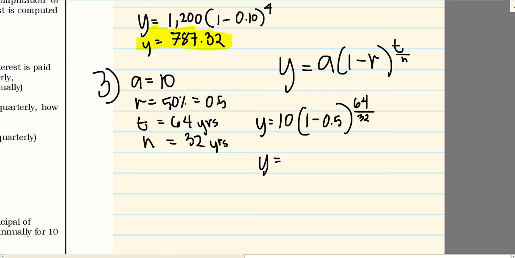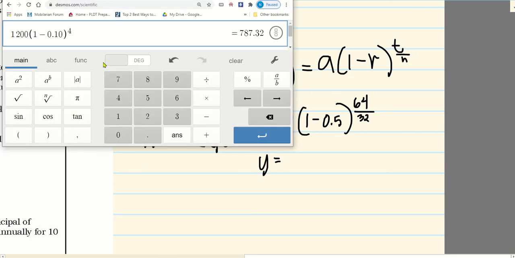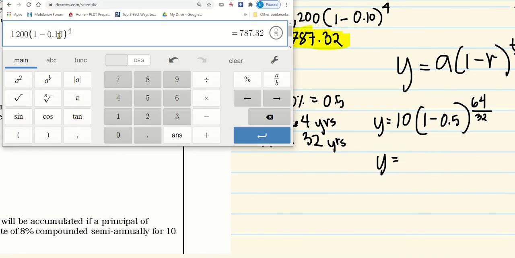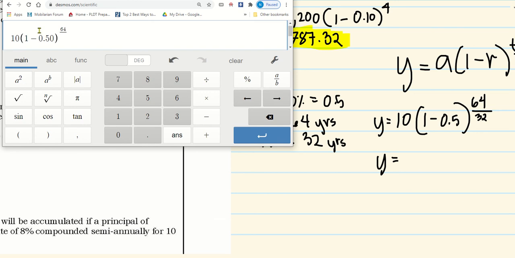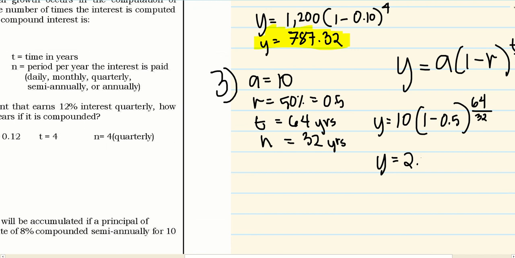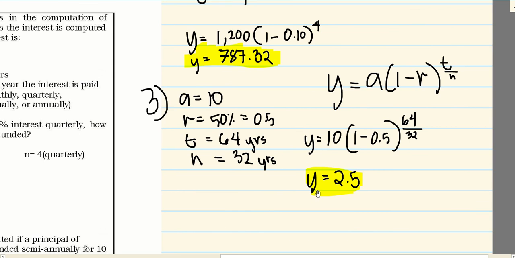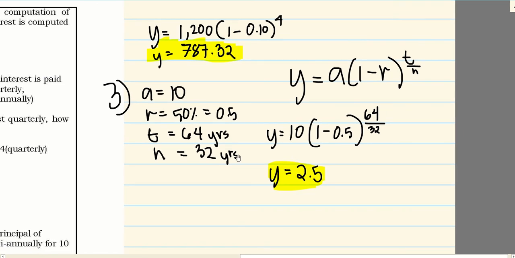Then we solve it using our scientific calculator: 10 times (1 minus 0.5) to the power of 64 over 32. So we have 2.5. After 64 years, the remaining amount of the chemical is 2.5 grams.